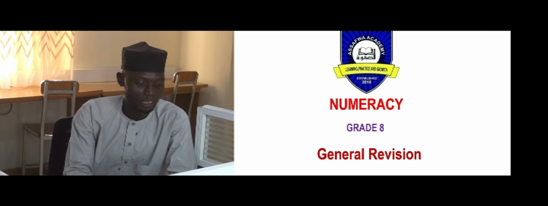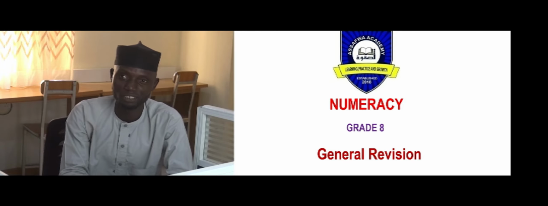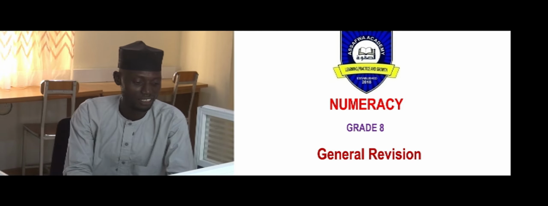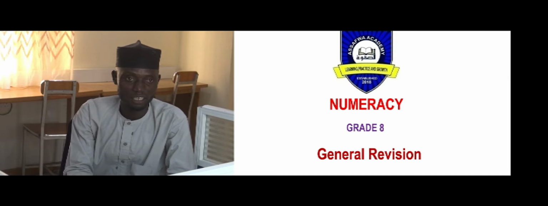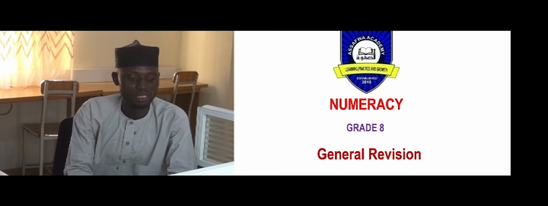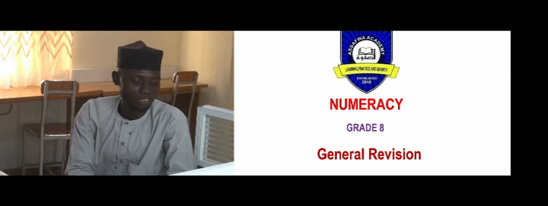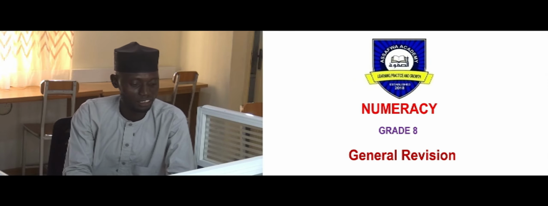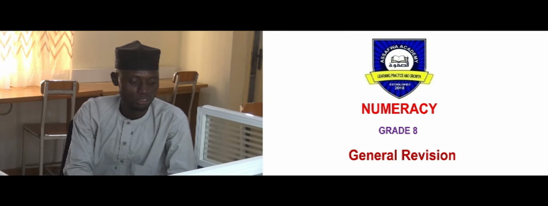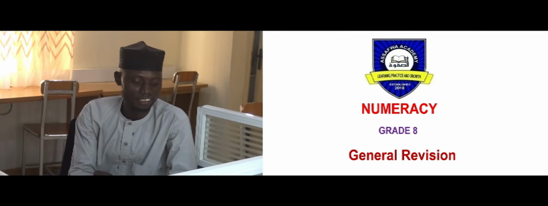This is going to be a revision class as far as numeracy is concerned. Starting with grade 8, we have a combination of 5 things to include algebra, number numeration, arithmetic, geometry, and statistics.